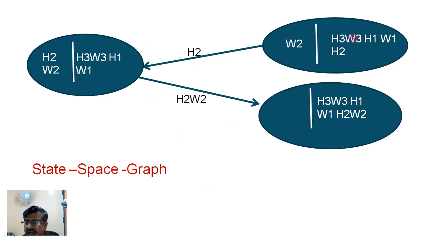H3 W3, H1 W1 and H2 are on the right shore, and W2 alone on the left shore. Now H2 will leave and join W2. On the other shore H3 W3, H1 W1 would remain.